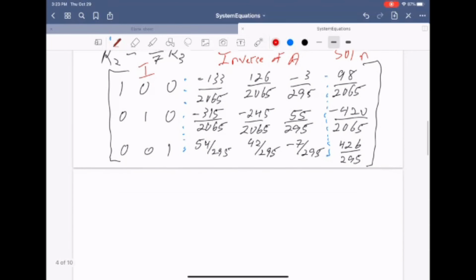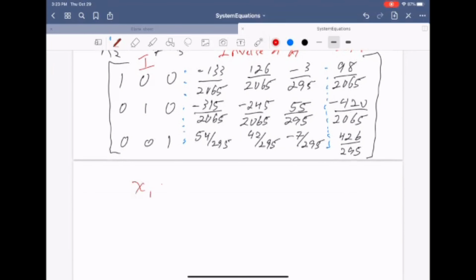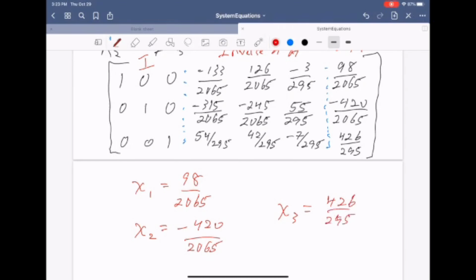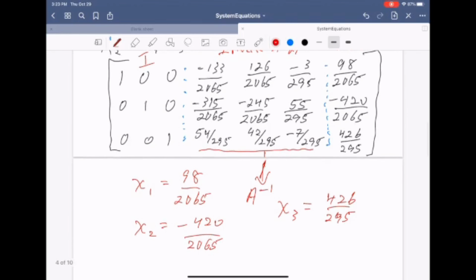Okay, so our result is that x1 equals 98 over 2065. x2 is equal to minus 420 over 2065. And x3 is 426 over 295. And then this, of course, is our A minus 1. So if we multiply A minus 1 by the original A, we should get that identity matrix on the left.